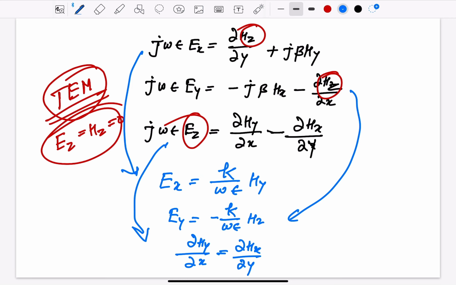So here you can find very important relations between the two field components, Ex and Hy, and Ey and Hx. And we have a third relation, which is again very important: the variation of the Hy component with respect to x and the variation of the Hx component with respect to y is the same.